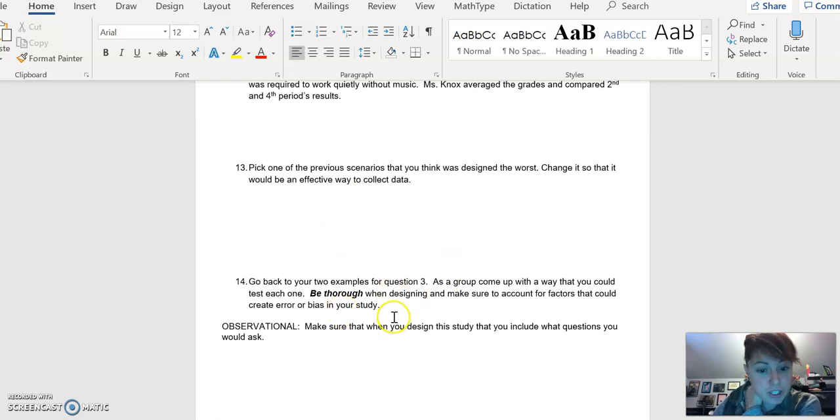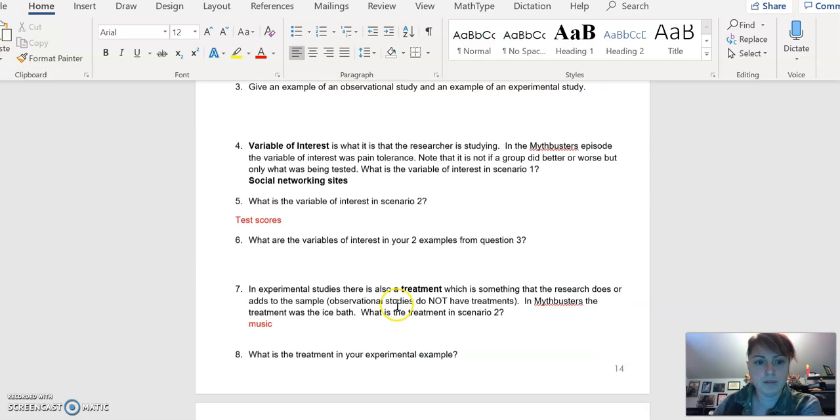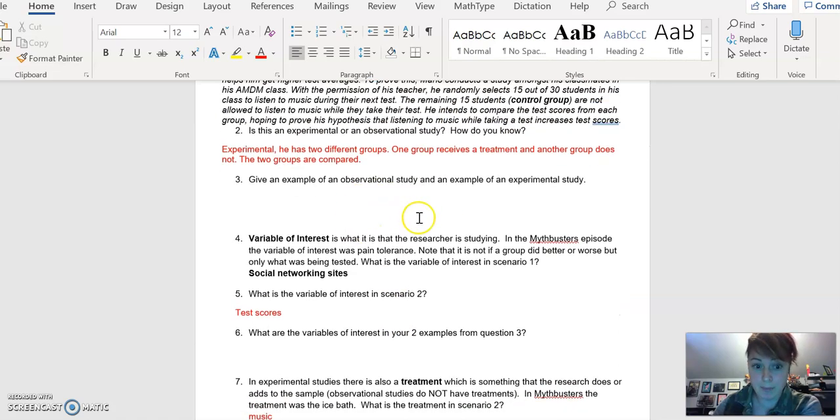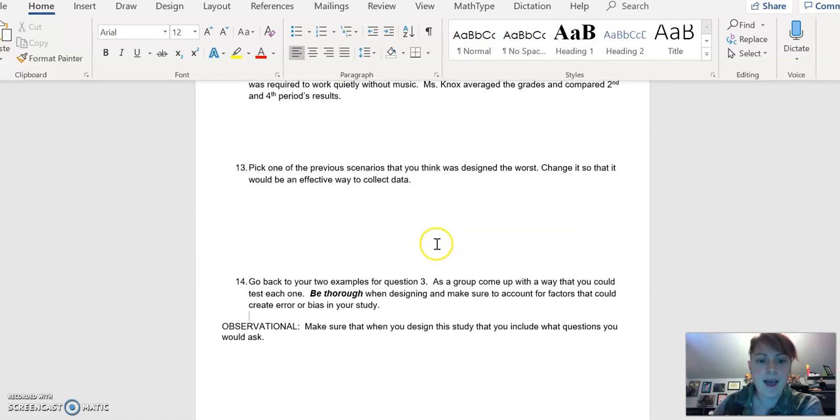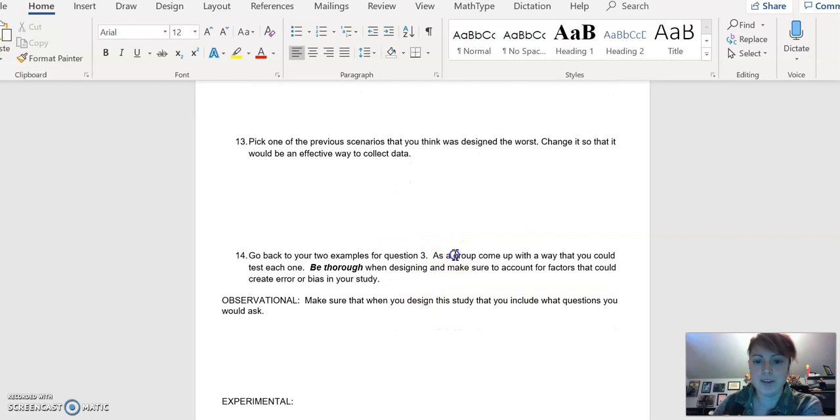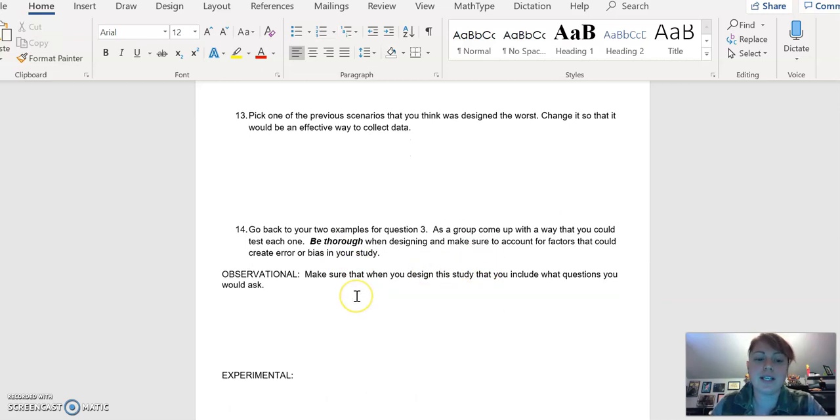Then what you're going to do, and this again will be different for each of you because you wrote your own things, go back to your 2 examples from question 3, the ones that you had to come up with, okay? And then you are going to, not as a group, at your house, unless you're quarantined with a sibling that's there at home with you, find out a way to test each one.